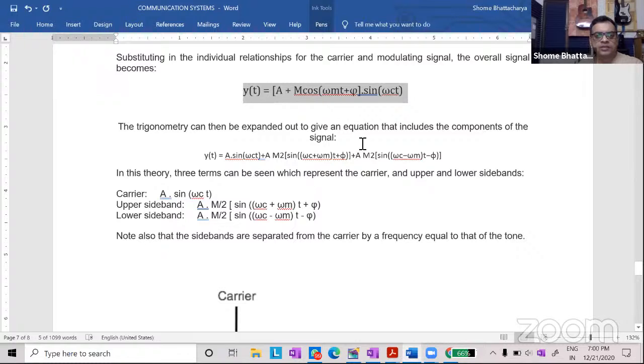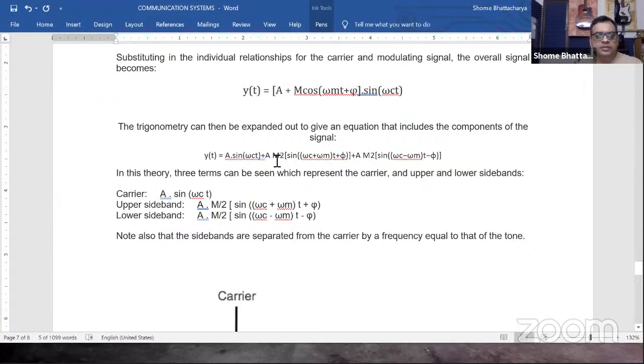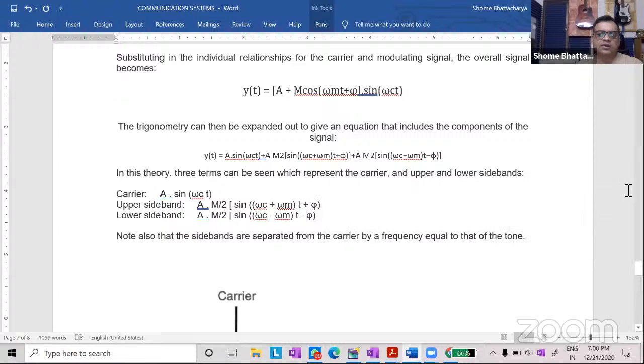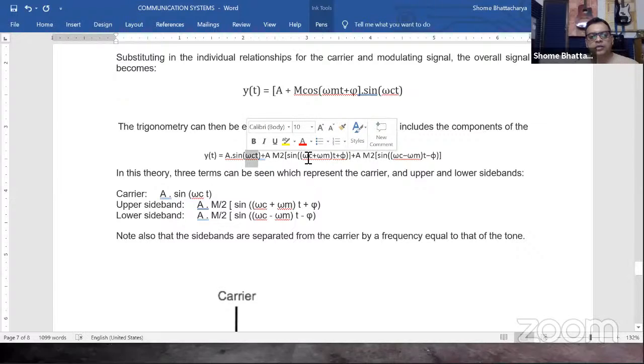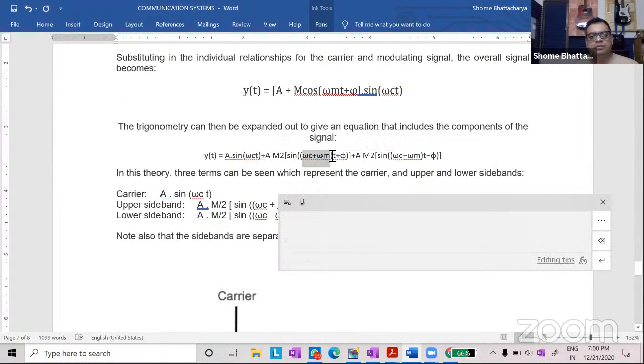Okay. So ultimately you can see that if the transmitted wave consisted of something this simple, where the carrier wave was a single sine wave of frequency omega c, and the modulating wave was also a simple sine wave of frequency omega m, then the transmitted wave will consist of this sum of three frequencies: omega c, omega c plus omega m, and omega c minus omega m.